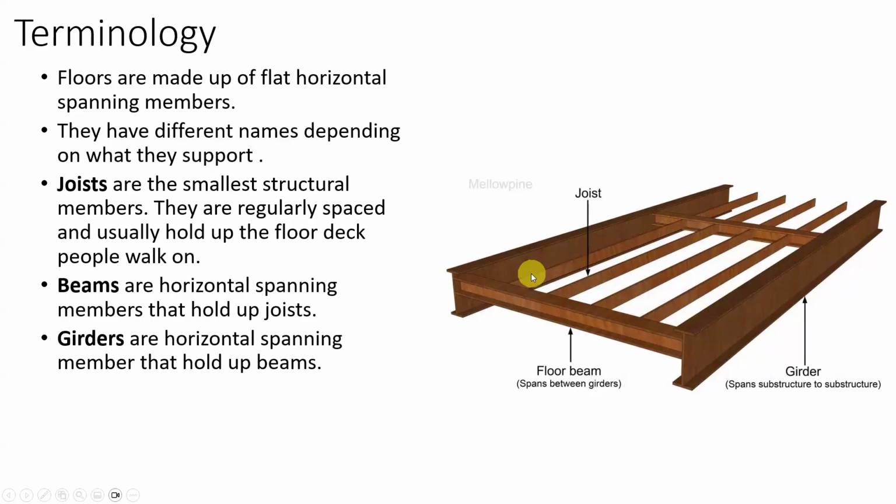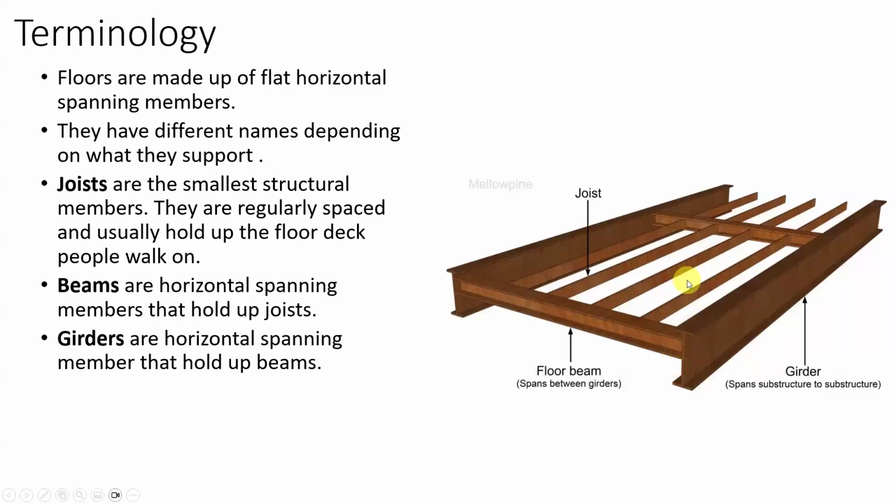Now, sometimes you hear people call beams and girders the same thing, but they're not. Technically, a floor beam holds up joists. So a member that holds up multiple floor joists is called a beam. A bigger beam that holds up multiple beams is called a girder.